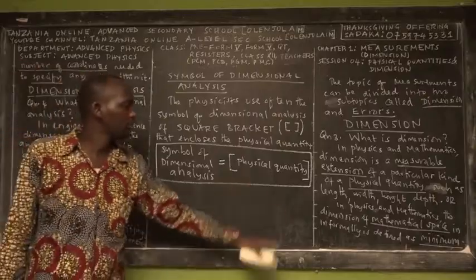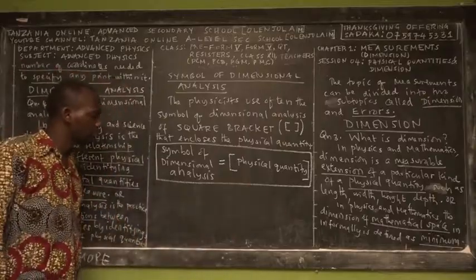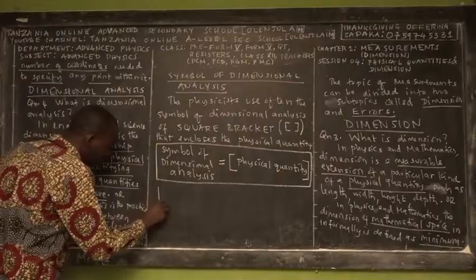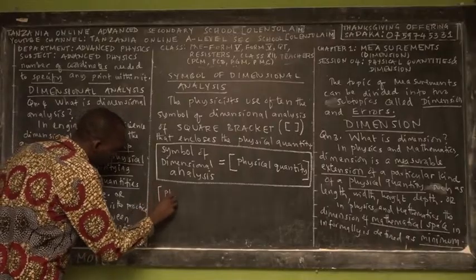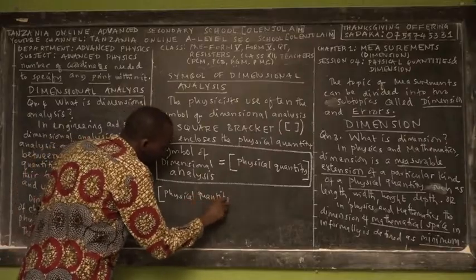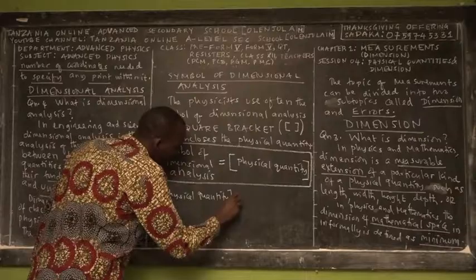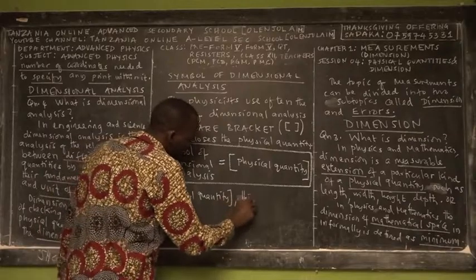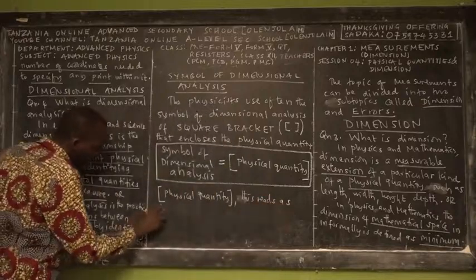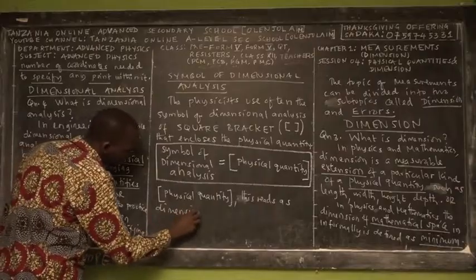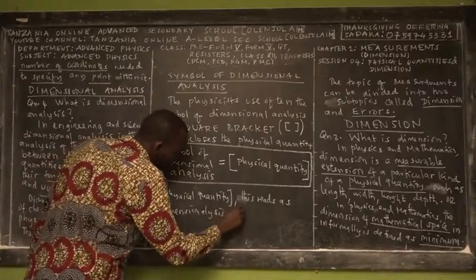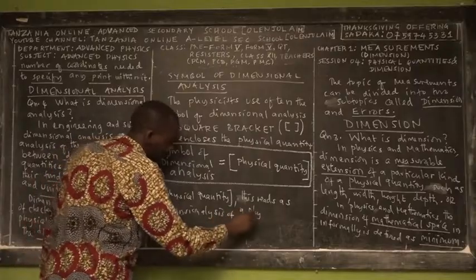So this reads as dimension of what? Of a physical quantity. Whenever you find the dimension of a physical quantity, this reads as dimensional analysis of a single physical quantity.